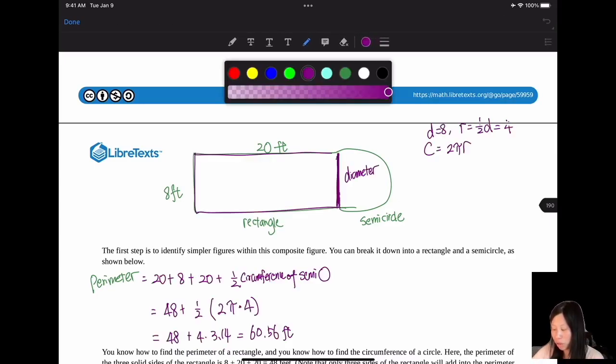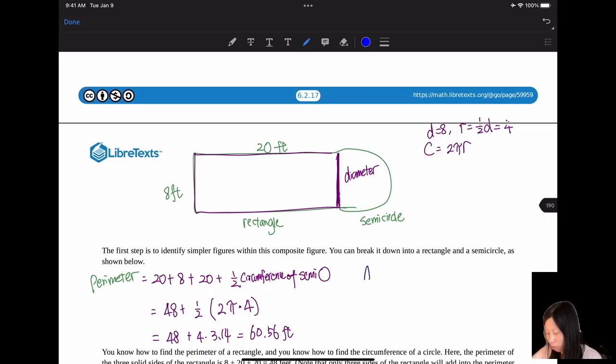Okay, area is similar. Area has two parts, right? The rectangle and the semicircle. If we know the area of the rectangle and the semicircle, we add them together, and then we will find the area of this composite figure.